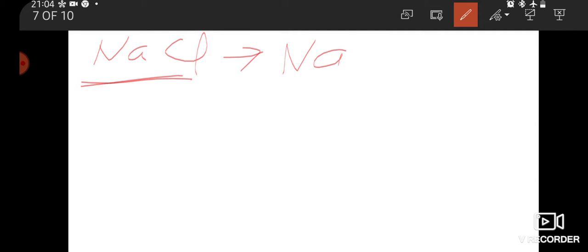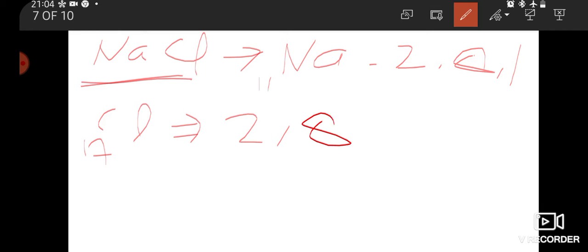In the case of NaCl, it is formed with the help of sodium and chlorine. Sodium has atomic number 11 and electronic configuration 2, 8, 1, while chlorine has atomic number 17 and electronic configuration 2, 8, 7.